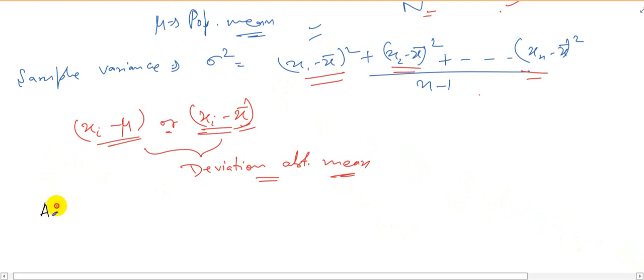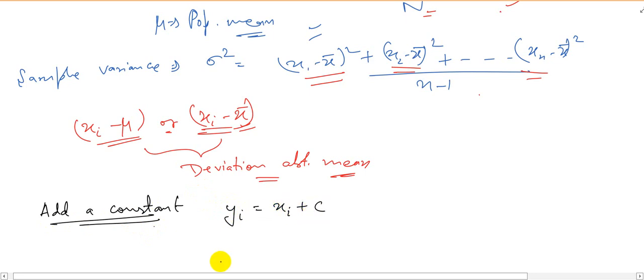Okay, what if we add a constant? That means we are now making yi equal to xi plus c.